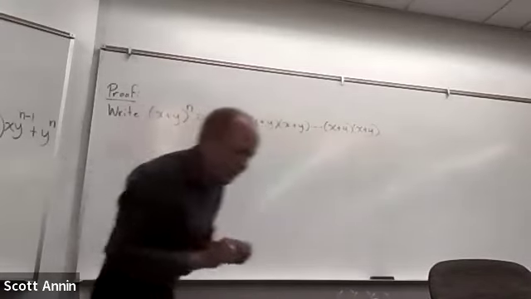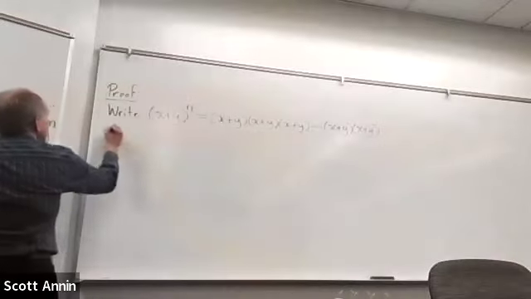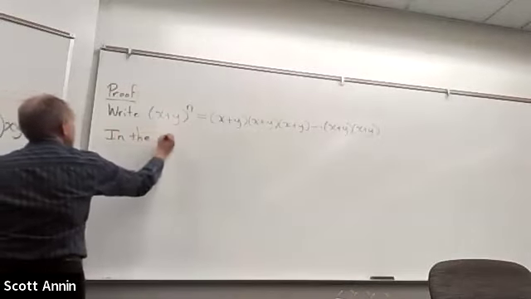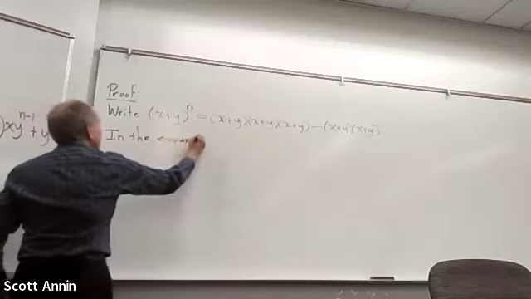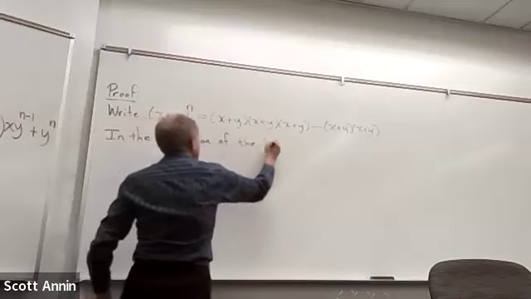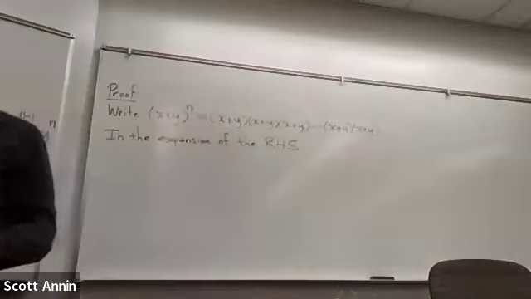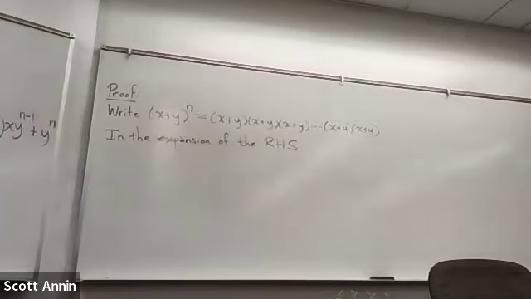So let's spell this out in words here. In this expansion of the right-hand side, again, for the next week or two, you're going to see a lot of these combinatorial proofs where I write RHS and LHS, right-hand side and left-hand side.